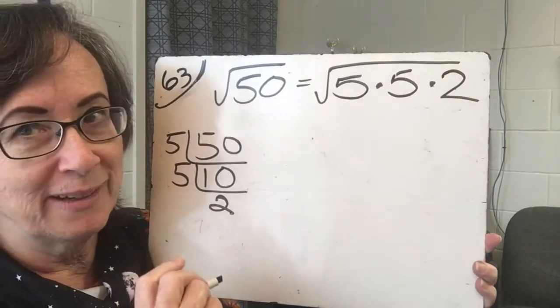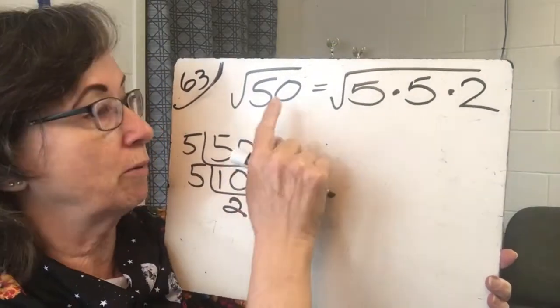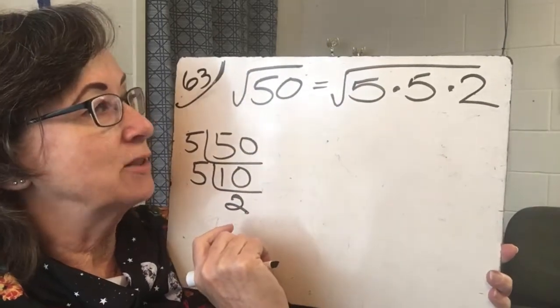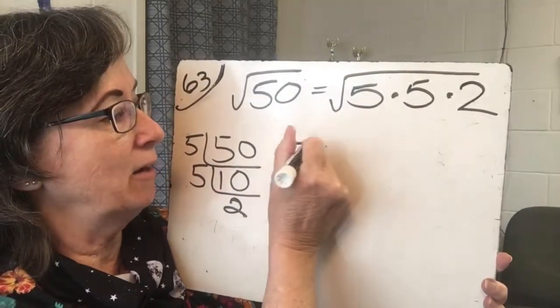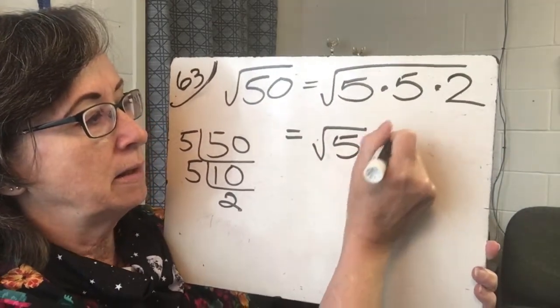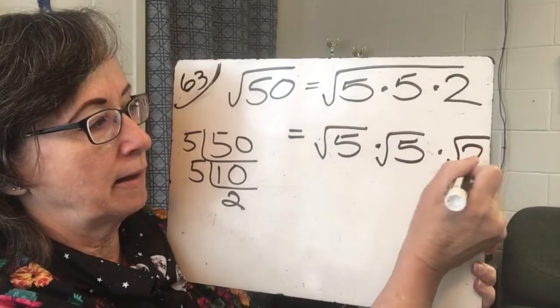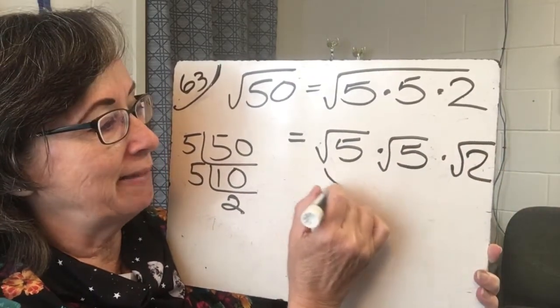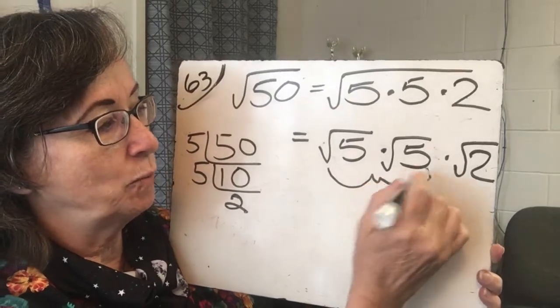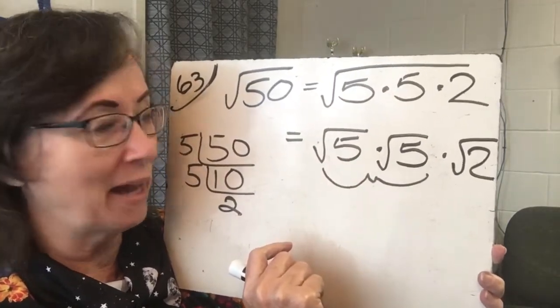Okay, so the square root of the product rule is going to tell us that now we can write this as individual square roots. And remember that when we square a square root, don't we get the number underneath the radical?